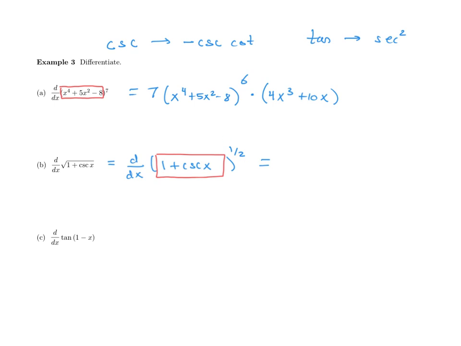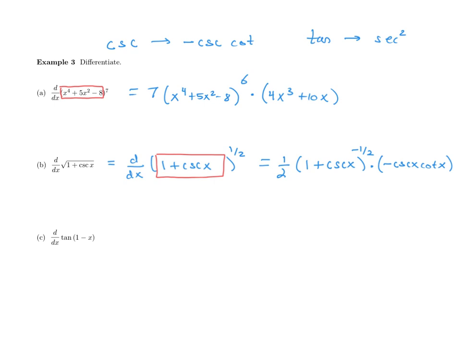The rule for that is you bring down the 1/2, you copy down the inside part, and you subtract 1 from the exponent. And 1/2 minus 1 is negative 1/2. You now multiply by the derivative of 1 plus cosecant x. 1 goes to 0, and the derivative of a cosecant function is negative cosecant x times cotangent x.